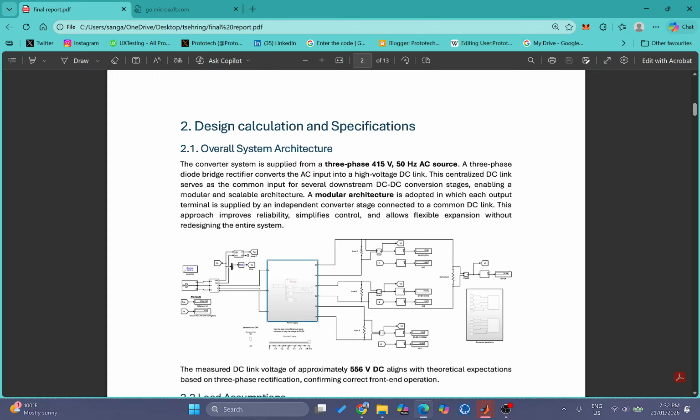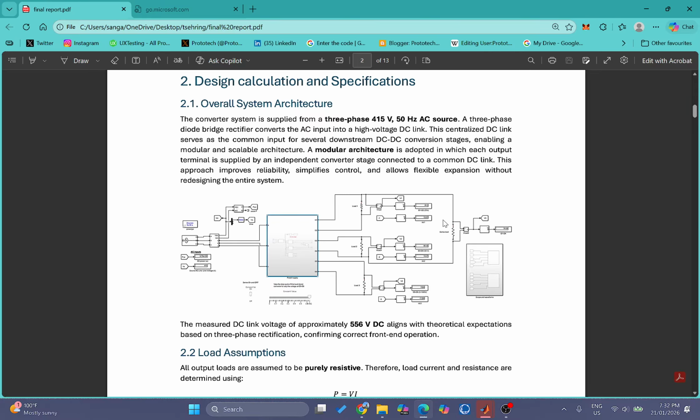Designing separate power supplies for each requirement is inefficient and expensive. So the challenge here is, how do we generate multiple independent and well-regulated DC outputs from a single 3-phase AC source while keeping the system modular, efficient, and robust? That is exactly what this project addresses.